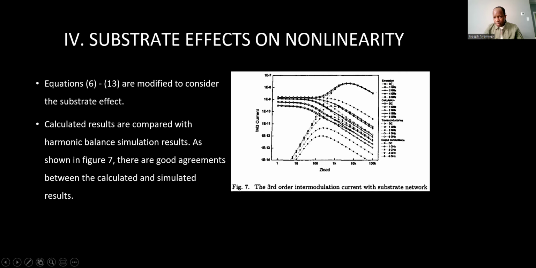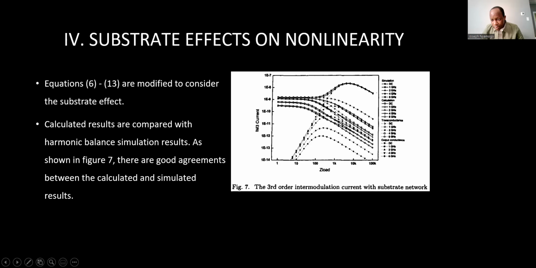These are the simulated results. It's difficult to make them out, but the filled shapes are the simulations, and we can see the unfilled shapes of the calculations.